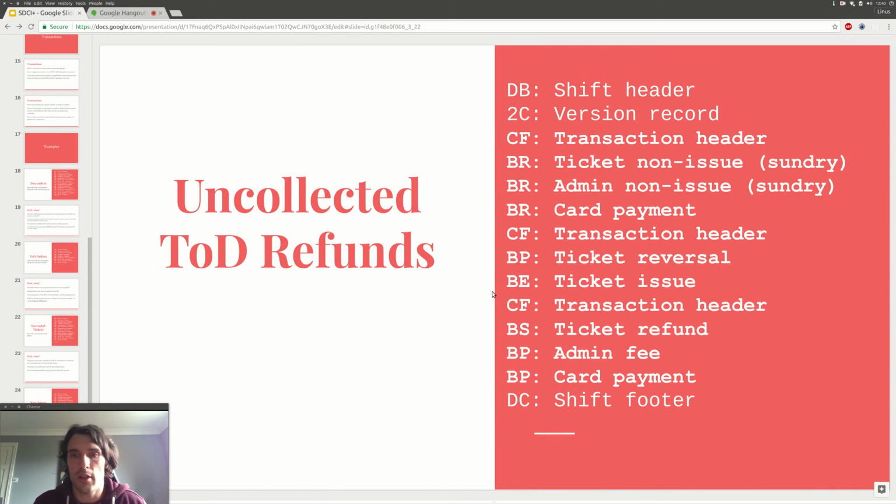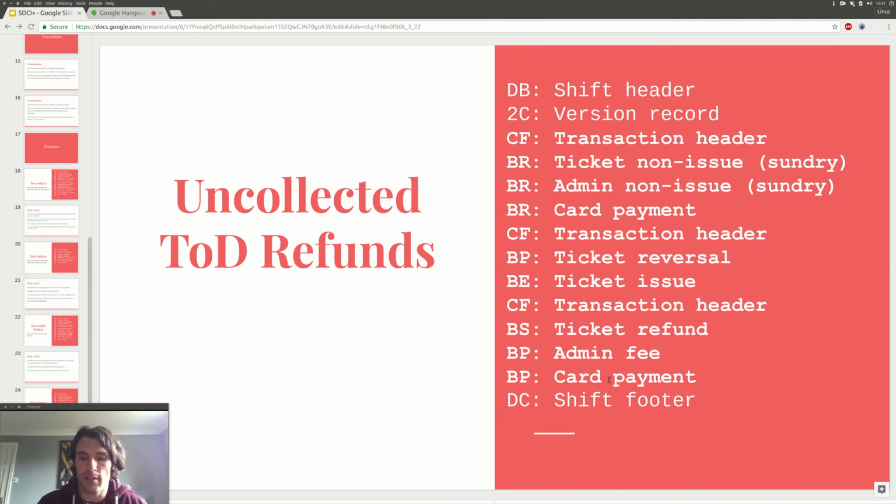Now, one thing to note about this issue is that there is a sundry to make it balance, because each transaction needs to balance individually. But then after they're issued, you can then refund the ticket in the normal manner.